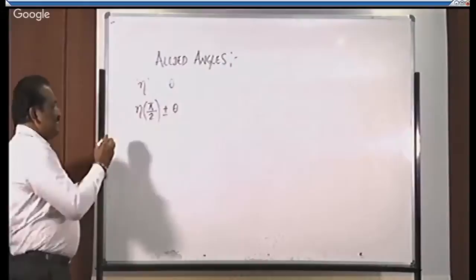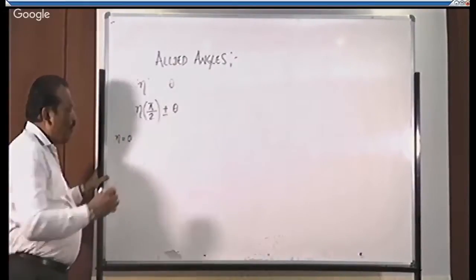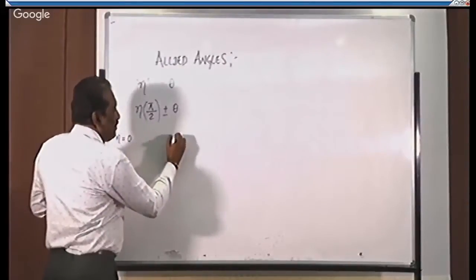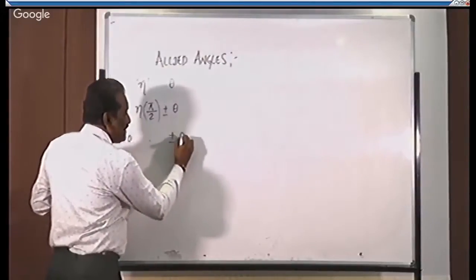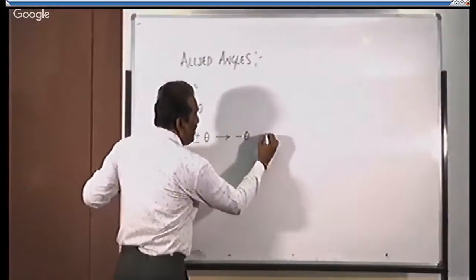For instance, suppose you take n is equal to 0, 0 into anything is 0. So you will get plus or minus theta, that is, minus theta and plus theta.